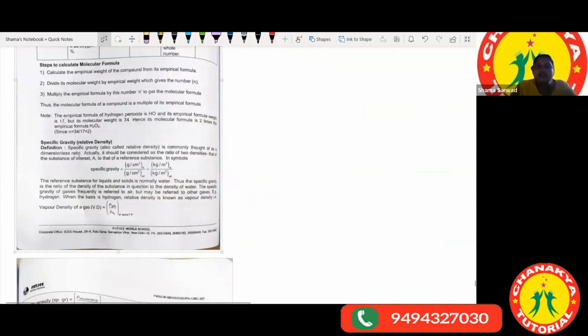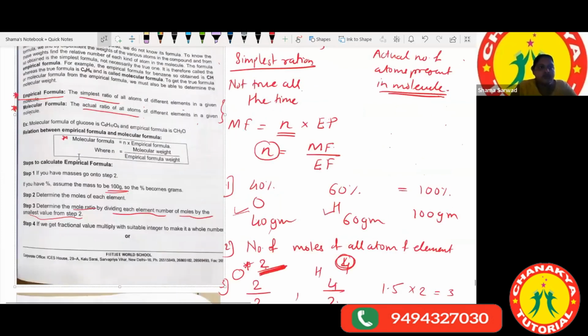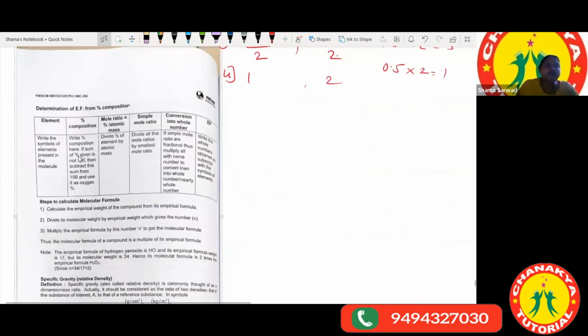Fine. So here is the chart which is given to you. First, write the symbols of the elements present in the molecule. This is your first step. Write the percentage composition here. If the sum of the percentages given is not 100%, then subtract this sum from 100 and use it as the oxygen percentage. Why is it so?